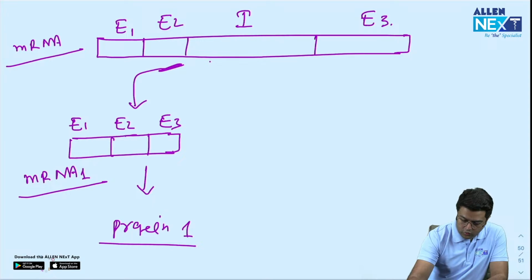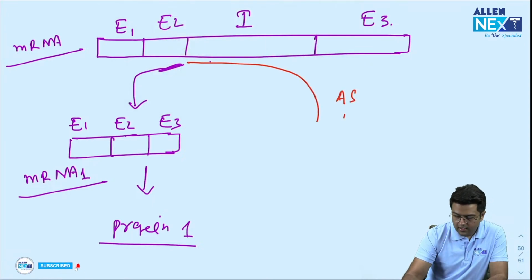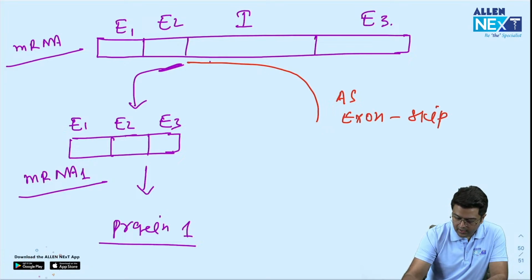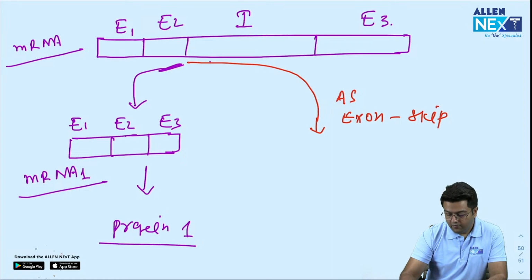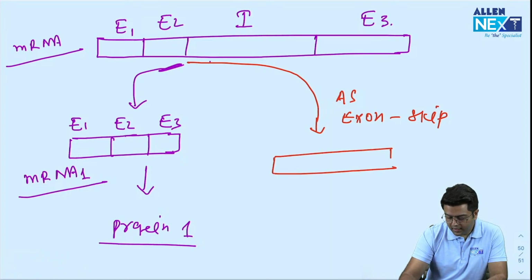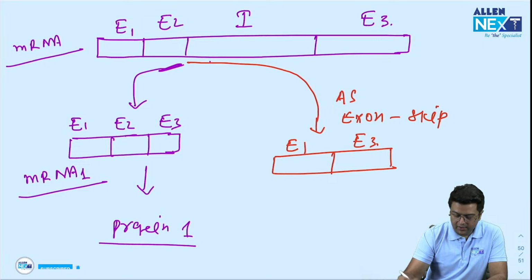And guys, if I do the process called alternative splicing, one of the processes is called exon skipping. So I'll skip one exon. If I skip one exon, I get only two exons here, suppose E1 and E3. I don't take E2.